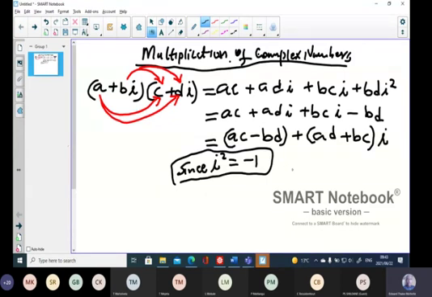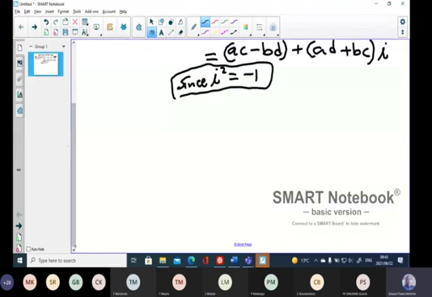Now let's take an example to explain the concept. Let's say you are given Z1 equals 3 plus 2i, and Z2 is equal to 4 minus 5i.